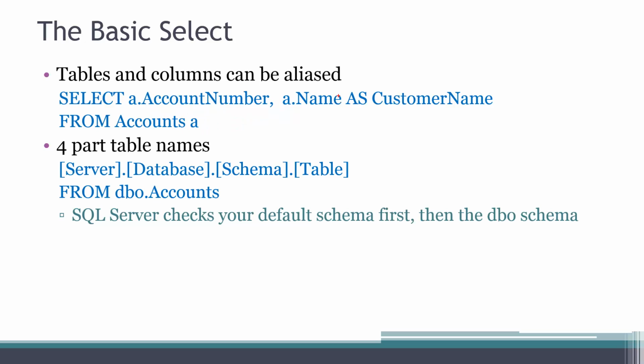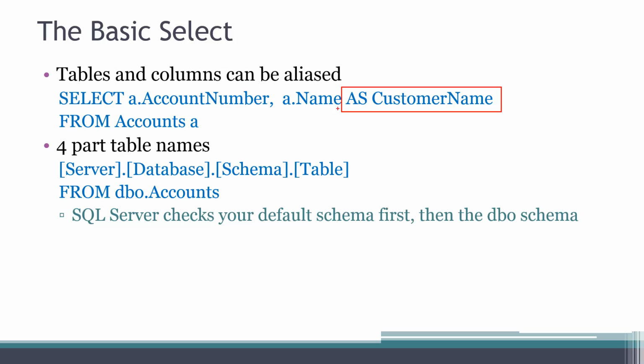Now, another thing that I've done here is I've actually aliased a column name. You can see here that after the A.name I have the word as and then customer name. What this will do is it'll change the name of the column that comes back, and it's really just the header portion at the top of the grid, and it's the metadata that's passed back to an application.